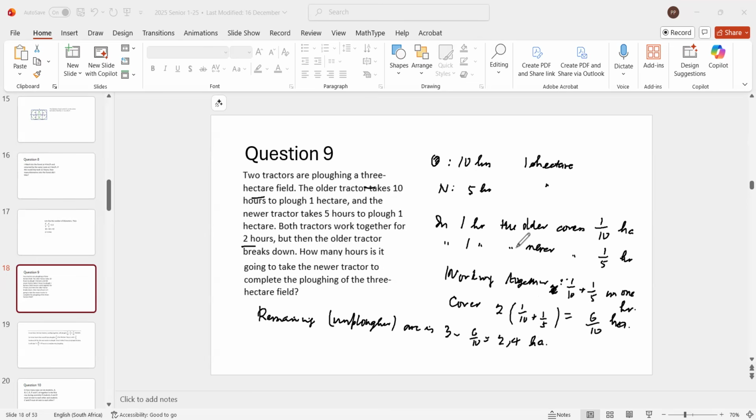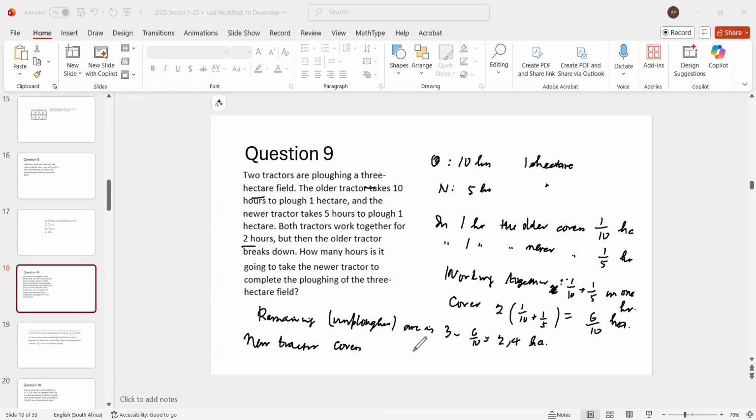The new tractor takes 1 hour to cover 1/5 of a hectare, or 5 hours to cover 1 hectare.